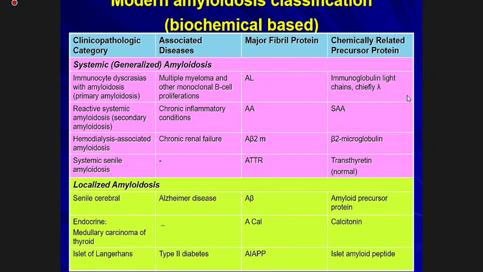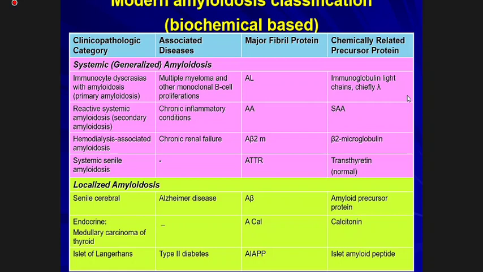If you have multiple myeloma, for example, you can find the amyloid protein in various organs or tissues, for example your heart, your GIT, your respiratory tissue, your tongue, your soft tissue. So the clinical manifestation is more systemic.